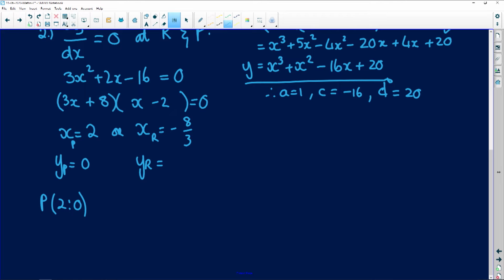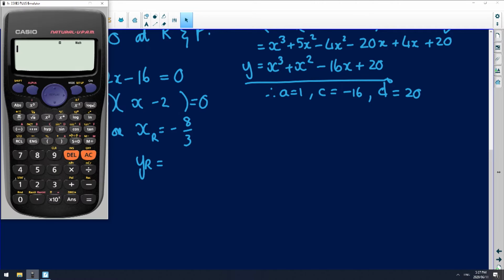A nice way to do that, let me show you a nice trick here, is to say minus 8 divided by 3, and that there is your answer.